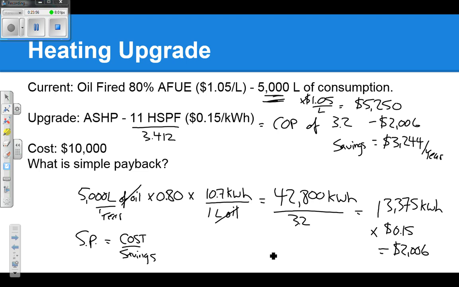So again, my simple payback equals my cost over my savings, which would be equal to 10,000 over my savings, 3,244 per year, or about a 3.1 year payback, 3.1 years.